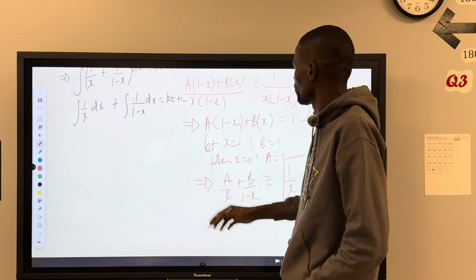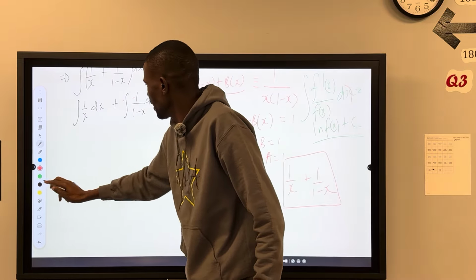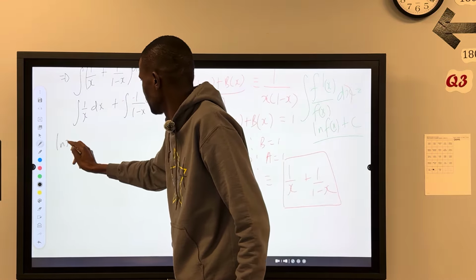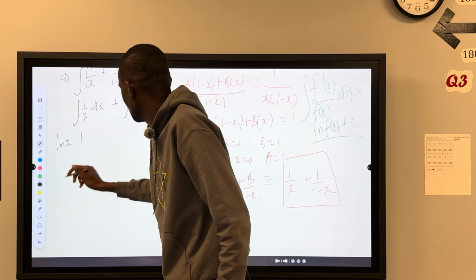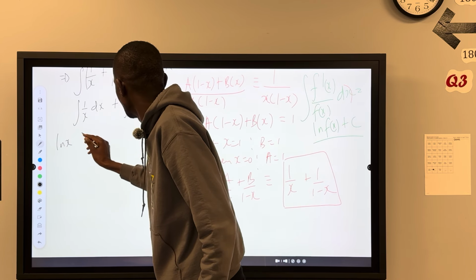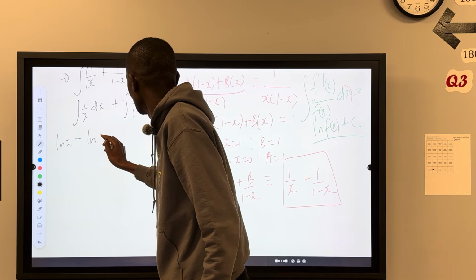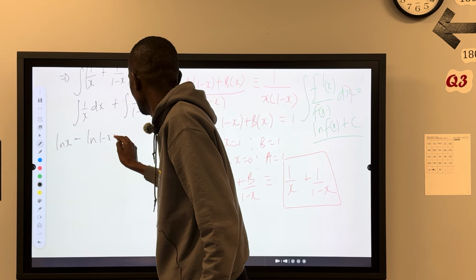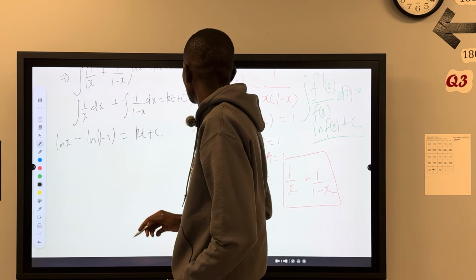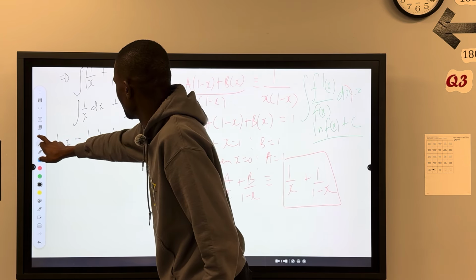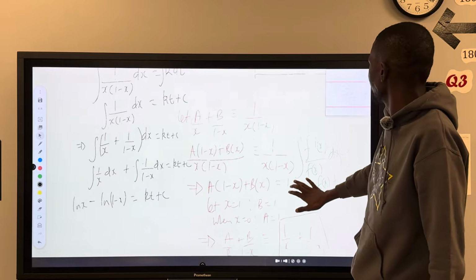So when I integrate now, I'll get ln x minus ln(1 - x) equal to kt + c. But remember, guys, this is what we are trying to get at the end of the day.